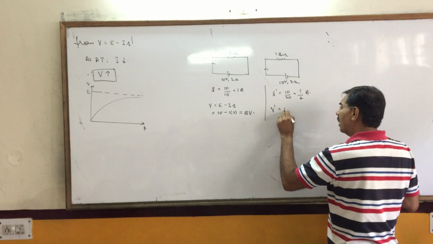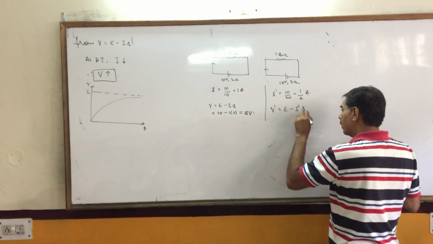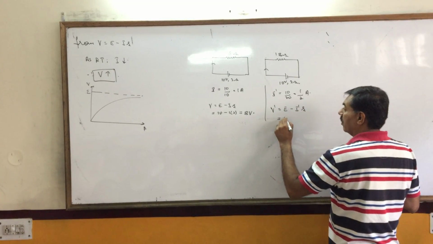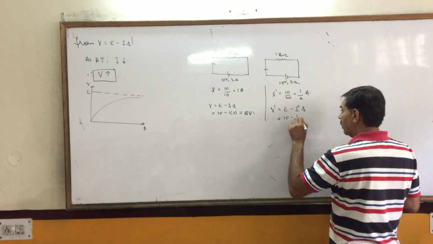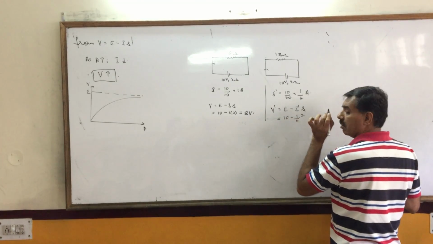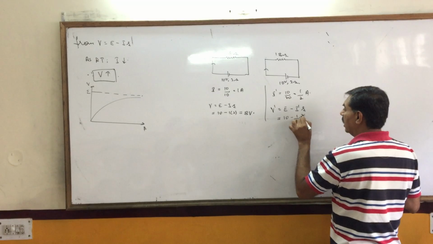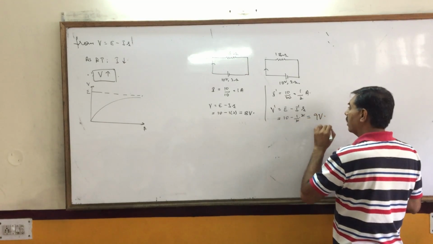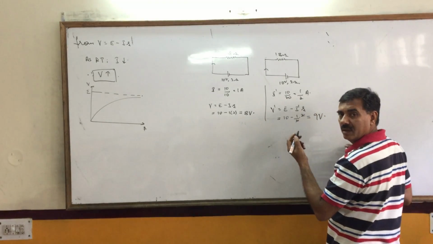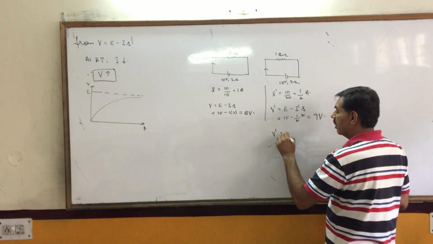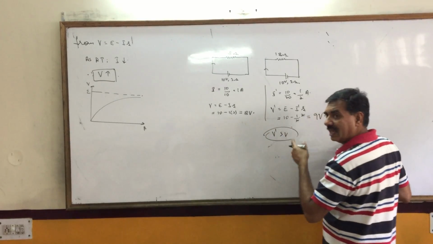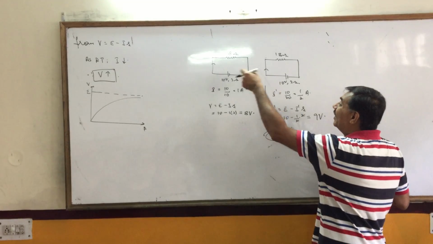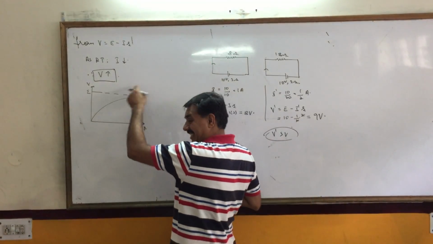Double potential difference now. कितना आया? तो वो ऐसा ऐसा बढ़ता है और तभी वो ऐसे है.